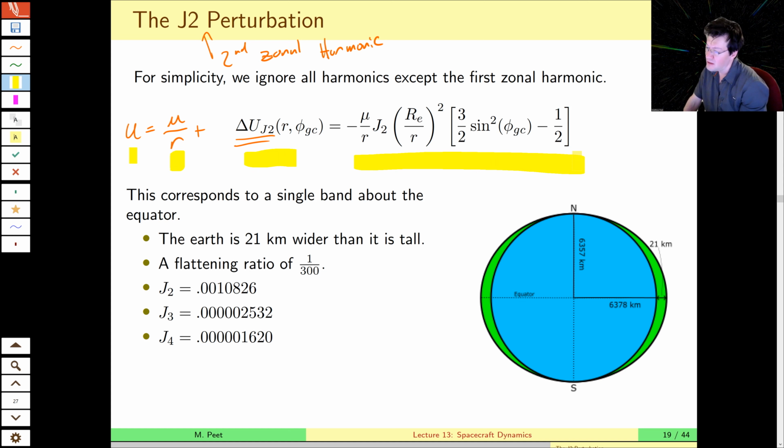So how do we get that term? This is the P2, the second Legendre polynomial, and all the rest of the terms are as we talked about earlier. So this is due to what's called the oblateness of the Earth.